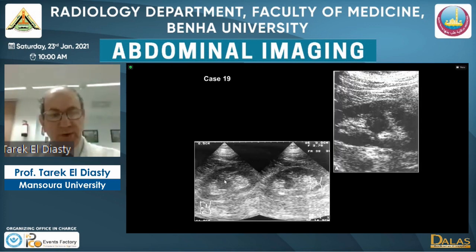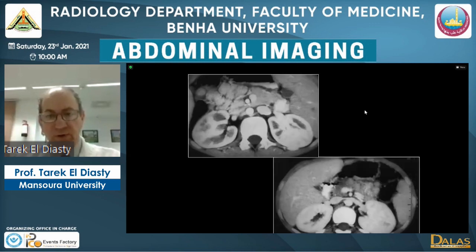This ultrasound shows this isoechoic lesion extending into the renal sinus echoes. It is usually misdiagnosed as a central renal mass, but the echogenicity here is similar to that of the renal parenchyma. And on post-contrast CT, it has a similar enhancement pattern.